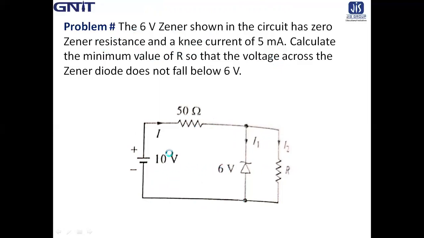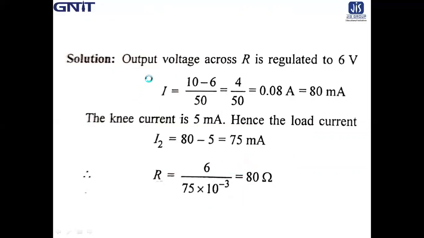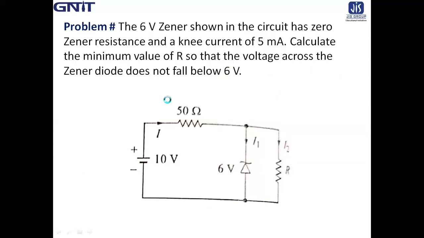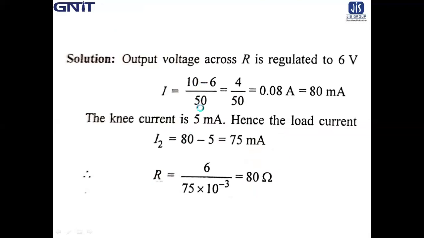Then what is the solution? You have to find the minimum value of resistance so that the voltage across the zener diode does not fall below 6 volt. So the output voltage across the resistance R is regulated to 6 volt. Therefore, this current I is 10 minus 6 by 50.